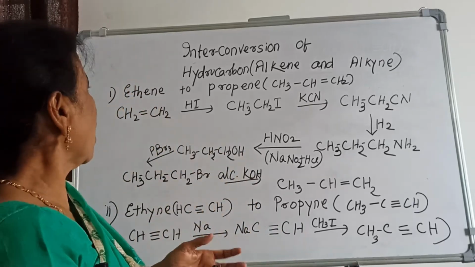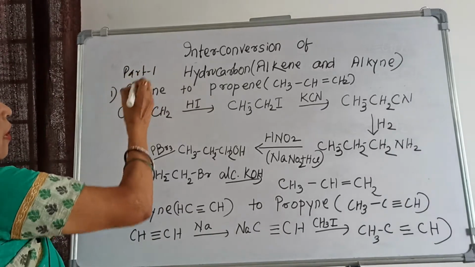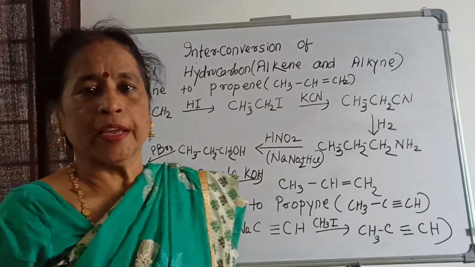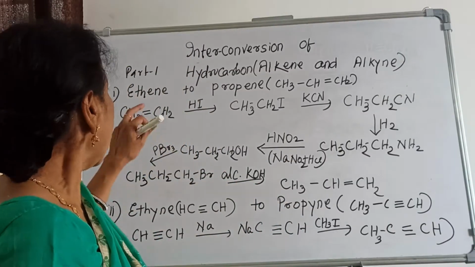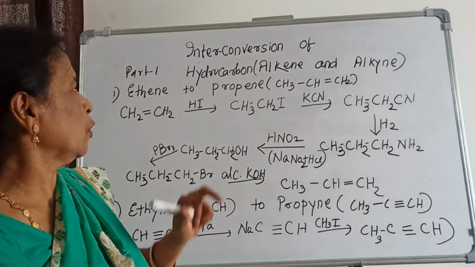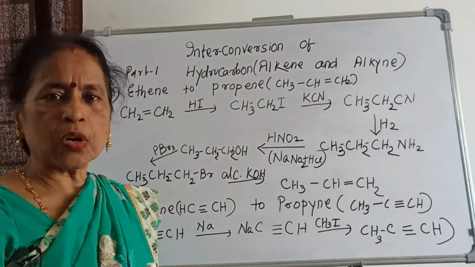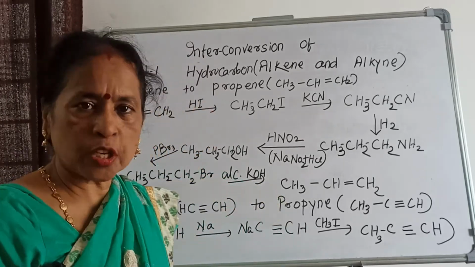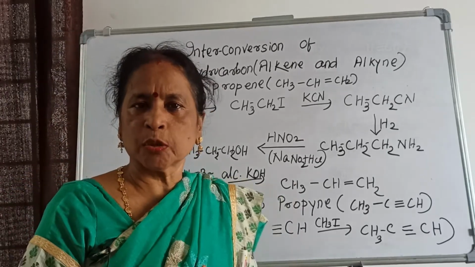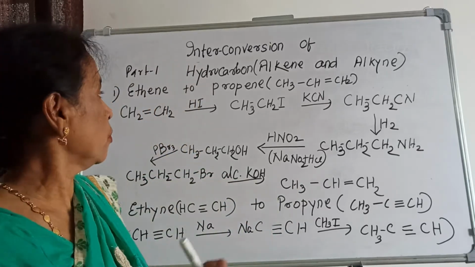Now in part 1, I want to explain alkene and alkyne conversion. And the first question: ethene to propene. What is ethene? Ethene is the double bond having two carbons, where CH2=CH2 is the structural formula and C2H4 is the general formula.